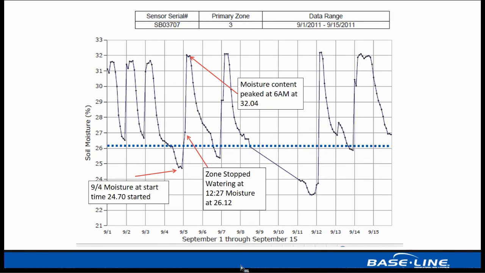So having the ability to analyze the data that's provided by the moisture sensor, we can make better irrigation decisions and determine if we are watering to field capacity with a given application, or if we are overwatering from that application of water and not conserving as much as we could.